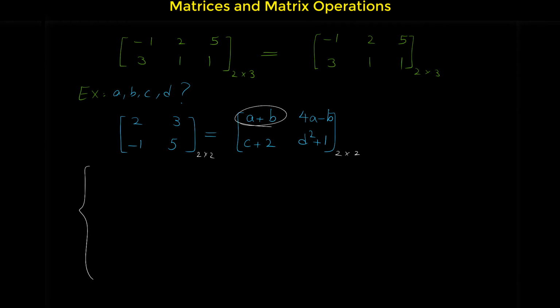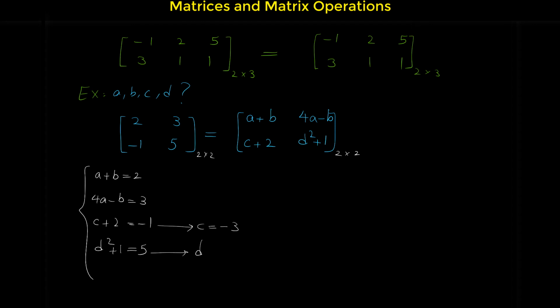And now A plus B must be equal to 2, 4A minus B equal to 3, C plus 2 equal to -1, and D squared plus 1 equal to 5. Now from these equations we have to find A, B, C, D. Let's start with C, which is simple. From this equation, if we move 2 to the other side, -1 minus 2 is -3, so C is -3.